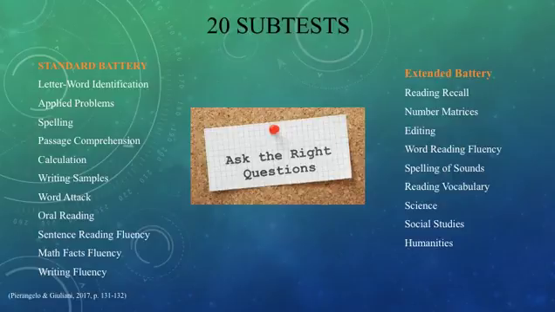The Woodcock-Johnson 4 Test of Achievement includes 4 broad academic domains: measuring reading, written language, mathematics, and academic knowledge. The 20 subtests included in the standard battery are letter-word identification, applied problems, spelling, passage comprehension, calculation, writing samples, word attack, oral reading, sentence reading fluency, math facts fluency, writing fluency.